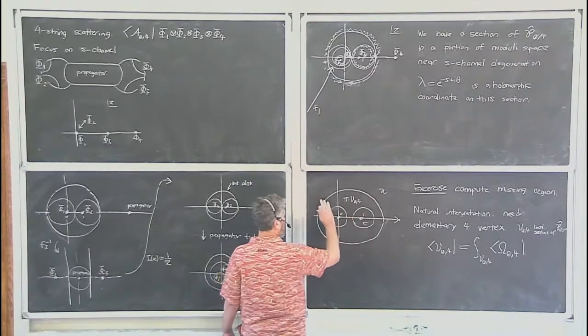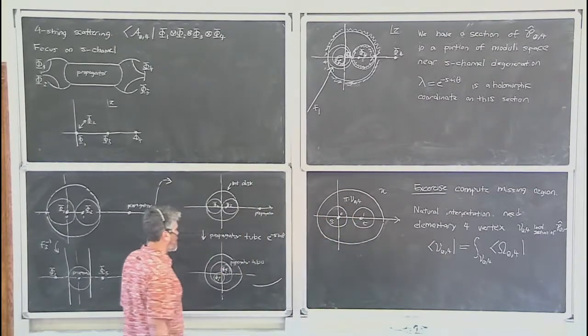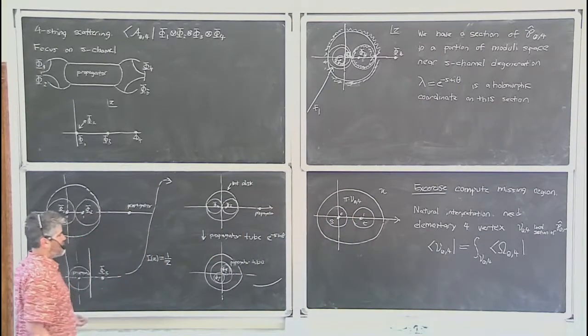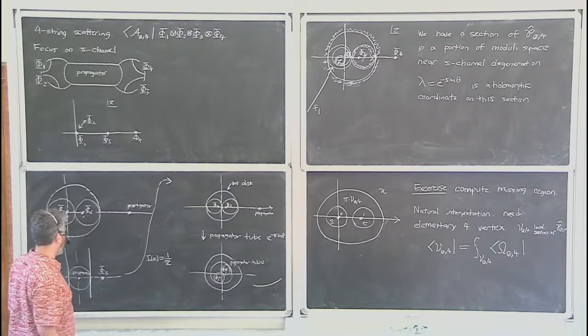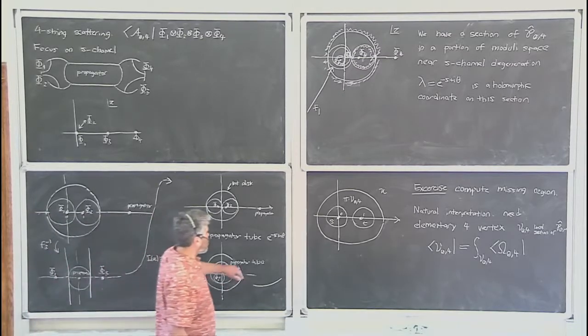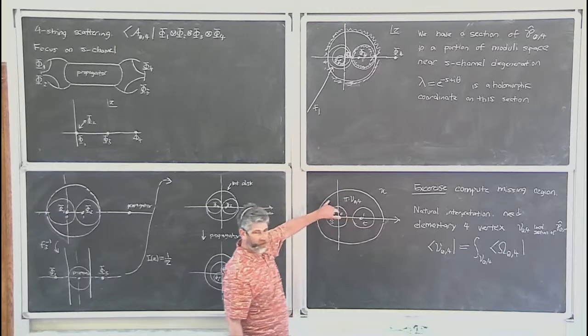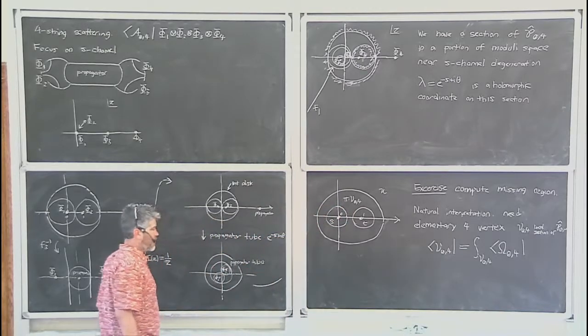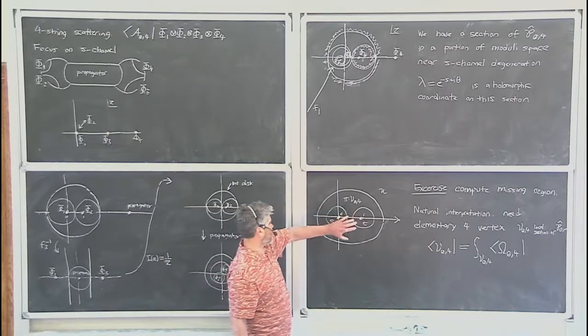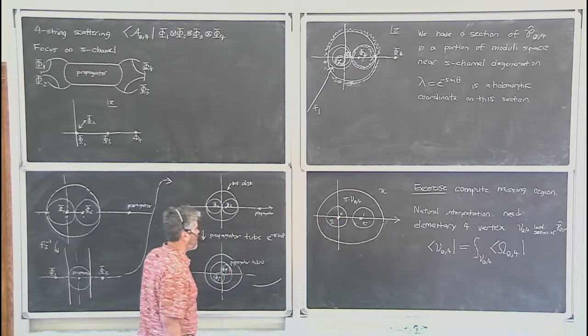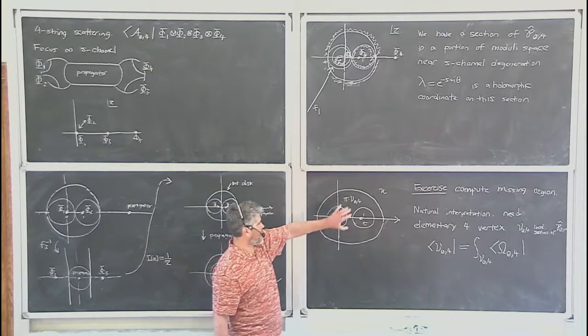So in this missing region, we have to make some choice of what these local coordinate maps should be. And this choice is not determined by the cubic vertex and the propagator, but it's our choice to make.